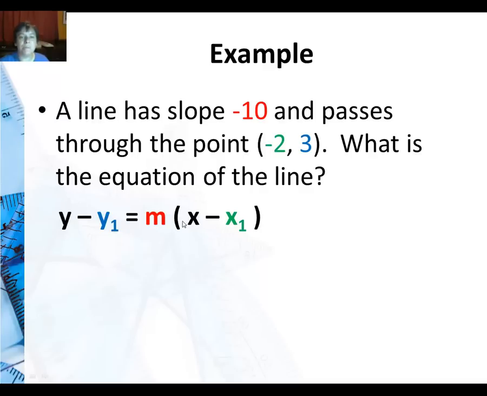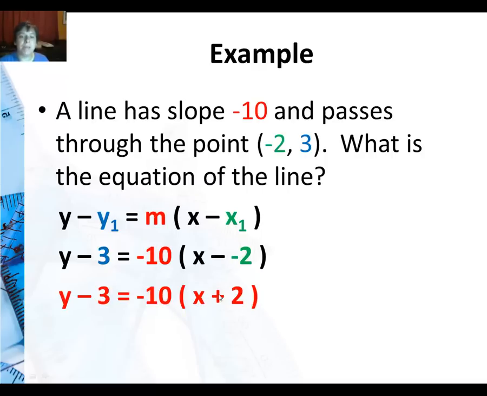So the two that are in black here are not going to change. We only substitute in for these colored portions: y1, m, the slope, and x1. So now I get y minus 3 equals -10 times (x minus -2). And that is my equation of the line. I could make it a little simpler: y minus 3 equals -10x plus 2, just to get rid of that minus minus. I'll be going over other forms because we're frequently going to ask for a different form, but this is what you're trying to get to first.